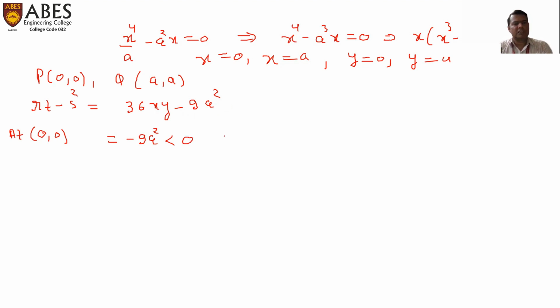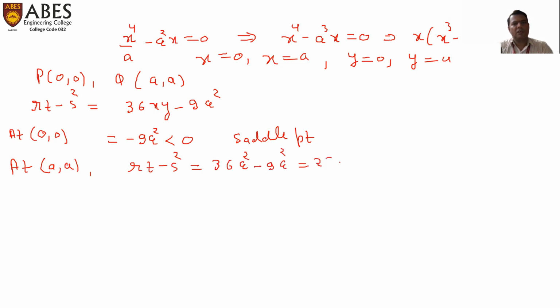So no extreme value, that is, it is a saddle point. Again, at point a, comma a, we get RT minus S square equals 36a square minus 9a square, which is 27a square, which is always positive for different values of a.